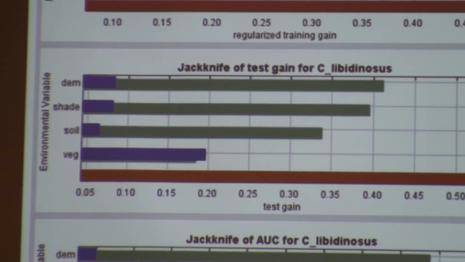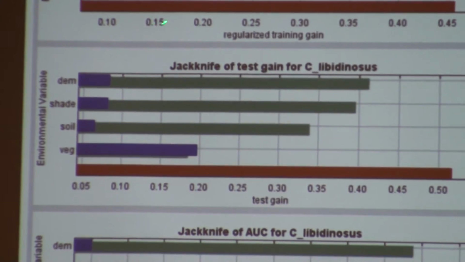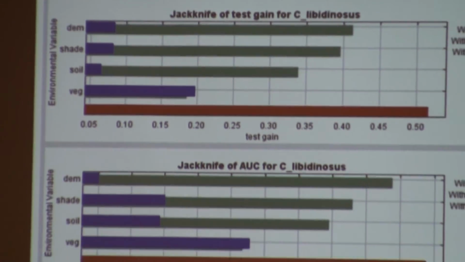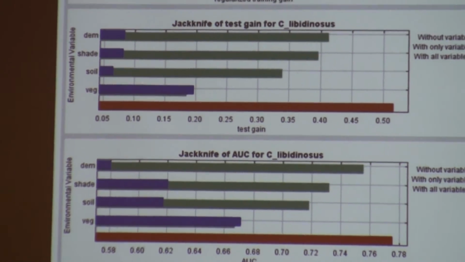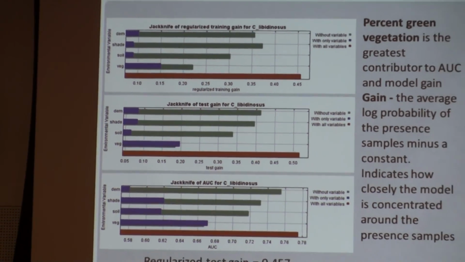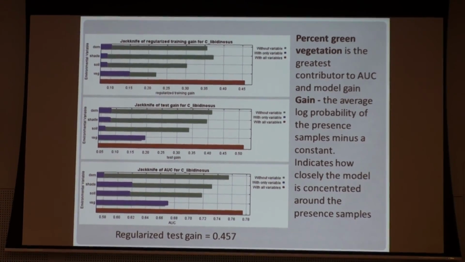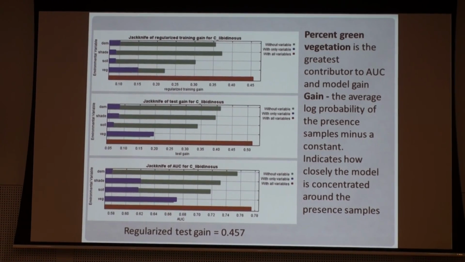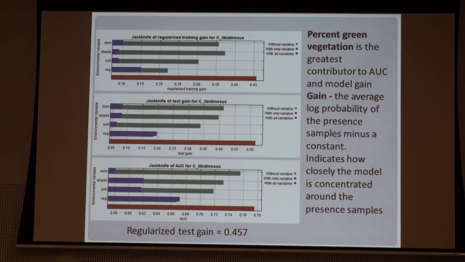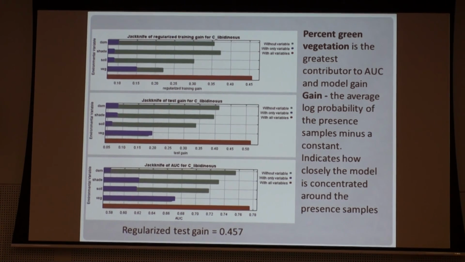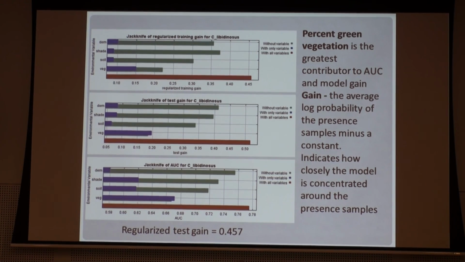So gain, the first two are measures of model fit. A higher gain is an indicator of how well your presence points are fitting the model in comparison to all the background points. And we see that each of these variables taken on their own are not very good at contributing to gain, but taken together they work well.